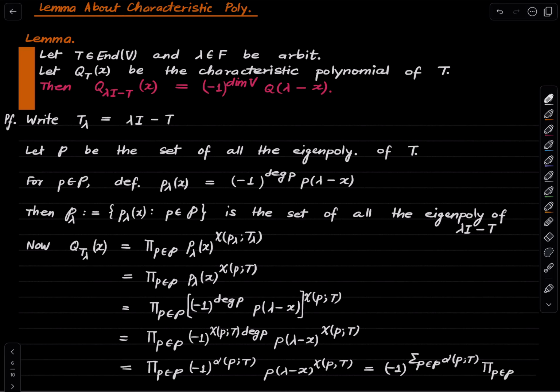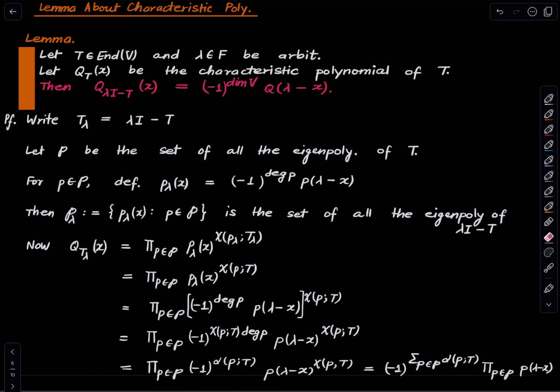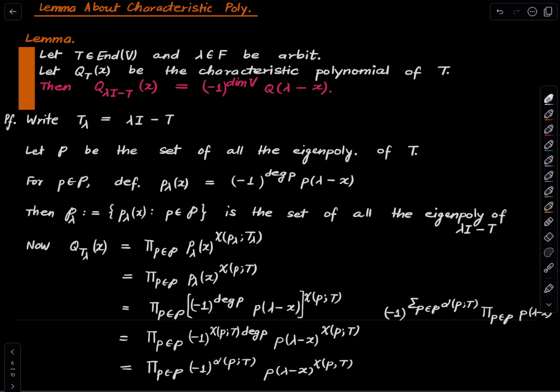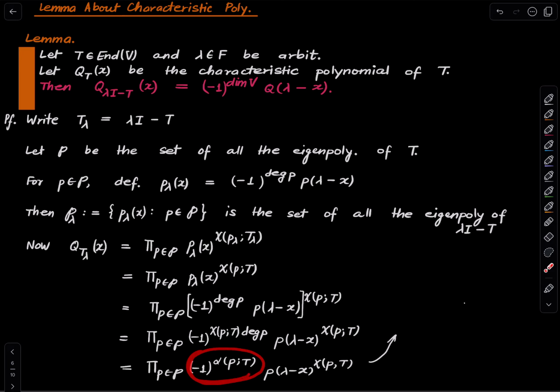I have very little space, so I have to adjust somehow. So what am I saying? When you product this out, you'll see a sum in the exponent, and there will be a product over that.